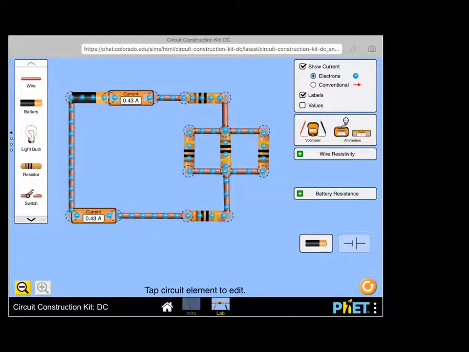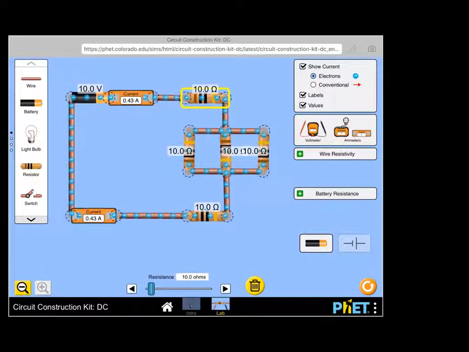And so now we need to figure out what will be the voltage drop across that resistor. It's a 10 ohm resistor with 0.43 amps going through it. So what's the voltage drop across these top and bottom resistors?